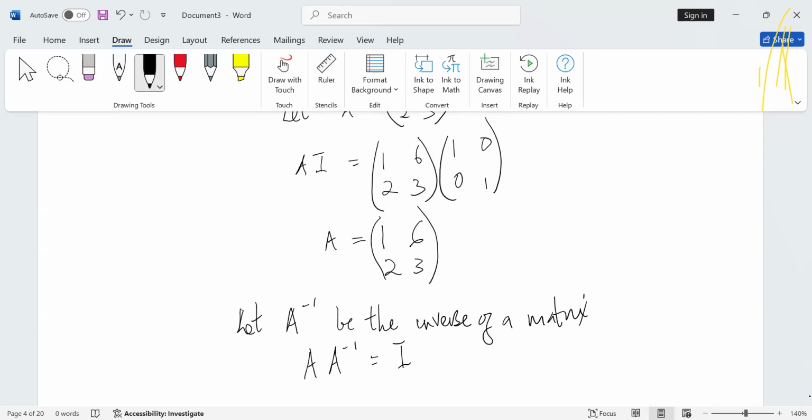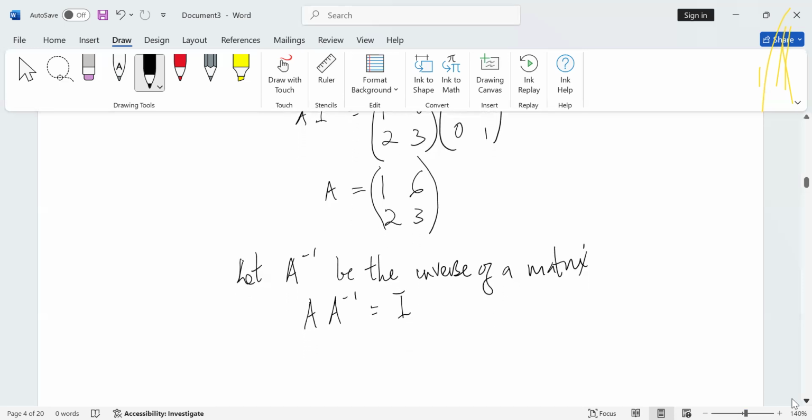So let us see how to get the inverse. We've already learned at ACC how to get the inverse of a 2 by 2 matrix using the determinant. But we will start by looking at row reduction, which we have not done, and then we look at the determinant.